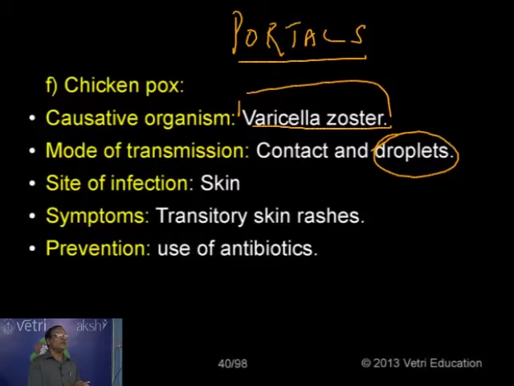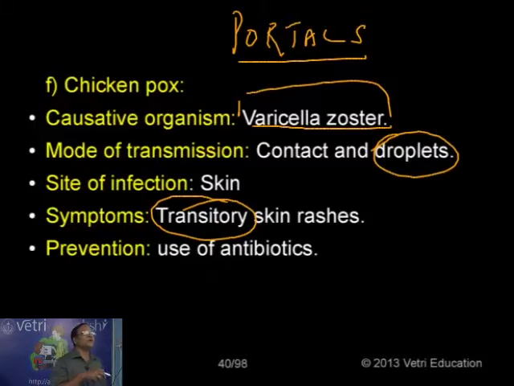Now, we have developed the skin rashes, the symptoms. The skin rashes are called transitory. It's not a permanent one. It has to pass through different stages: papule, macule, blisters, like that. So we get pock marks also at the end of the development of the disease. After recovery, we have some pock marks left on the surface of the skin by the blisters.